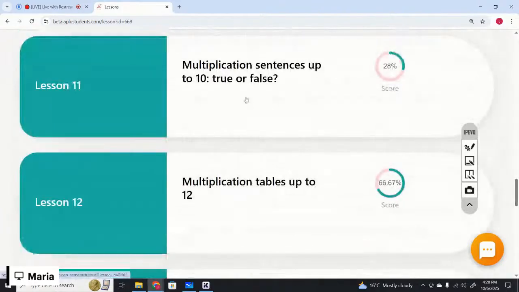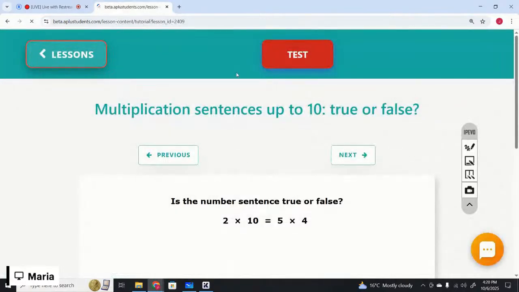The next one is multiplication sentences up to 10, true or false. So 2 times 10 equals 5 times 4, is it true or false?